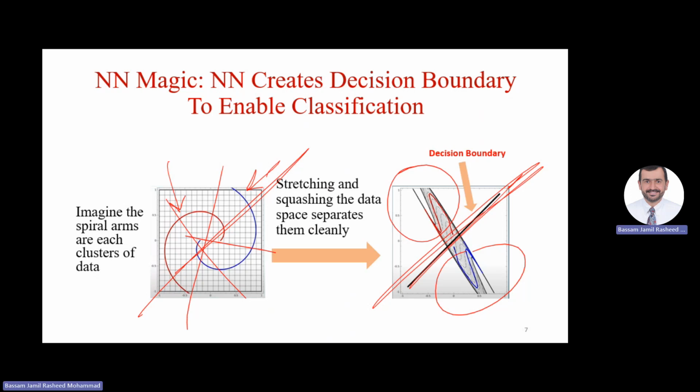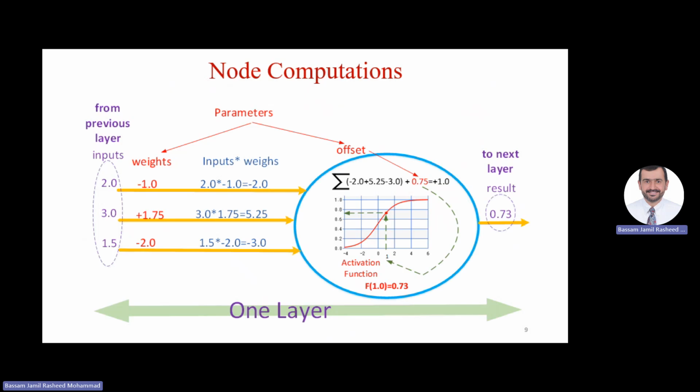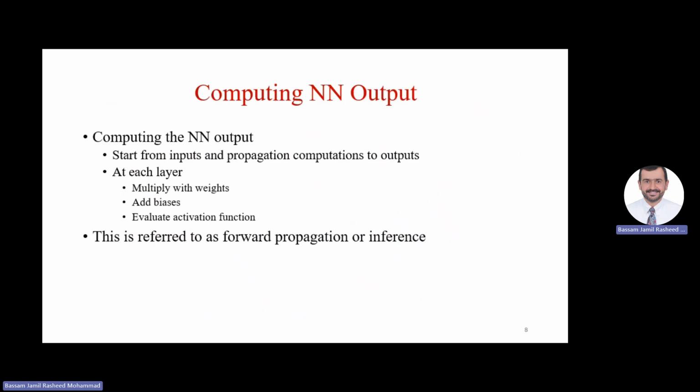Okay, so let's see the computation of a neural network. It starts from the input all the way to the output. Let's see here, for example, you have 2 inputs, you have 2 nodes, and you have, let's say, 1 output.